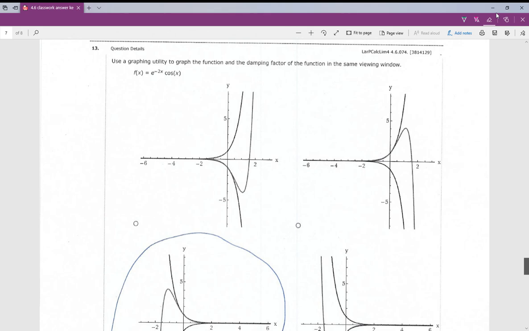When you have two functions multiplied together, okay, first you have to think about that. E of negative x, negative 2x. This function is the exponential function, right? Exponential function we may have.